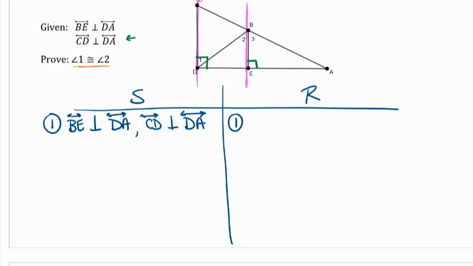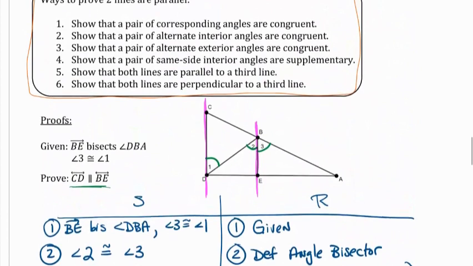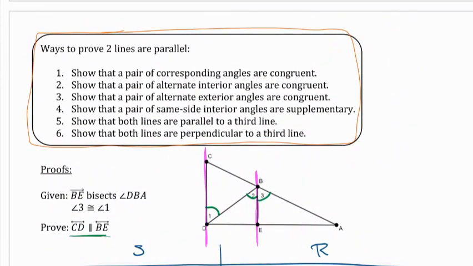Okay. So then our first reason is given. Okay, then from here, we've got our perpendicular lines, right? Now, a lot of times when we've got perpendicular lines, we go to say that things are right angles. But if I go back to my reasons up here, we've got the one here that talked about showing both lines are perpendicular to a third line.